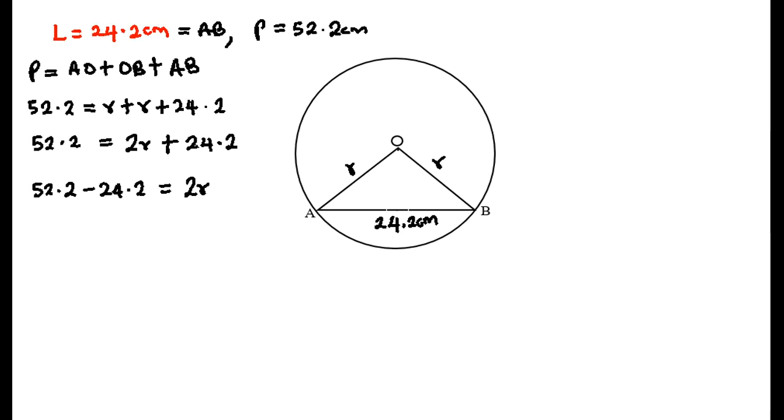When I subtract 24.2 from 52.2, it gives us 28. So 28 equals 2R. To get my radius, I divide both sides by 2. The radius is actually 14, because 28 divided by 2 is 14 centimeters.